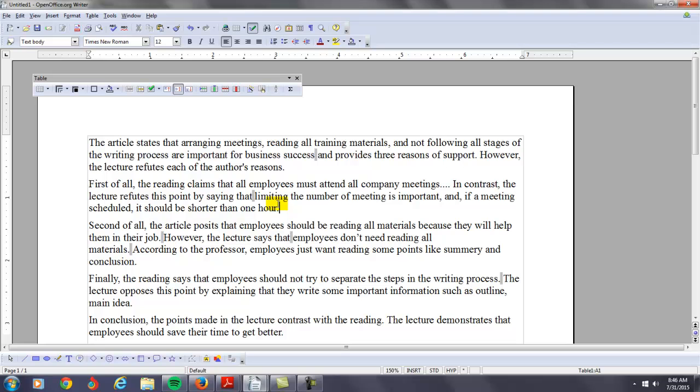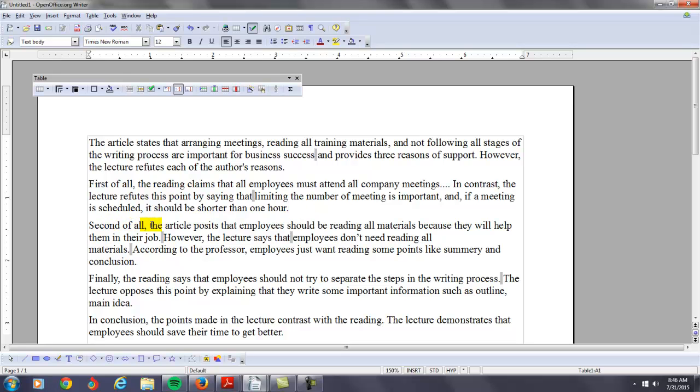So you're having some grammar limitations, believe it or not. So you're sometimes having trouble combining sentences. In this case, in contrast, the lecture refutes this point by saying that limiting the number of meetings is important, and if a meeting, passive voice here, is scheduled, it should be shorter than 1 hour.